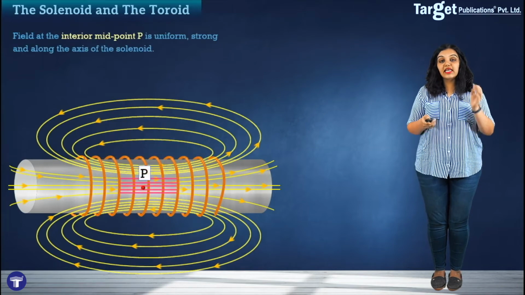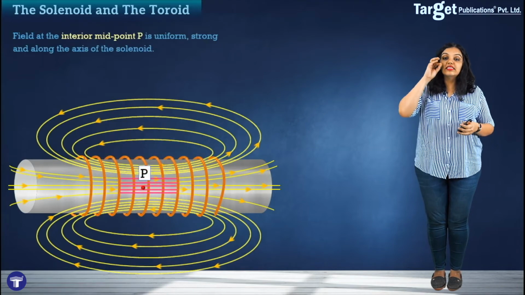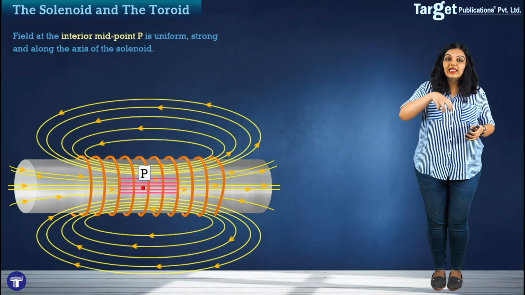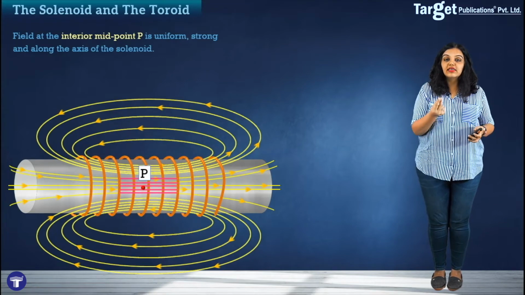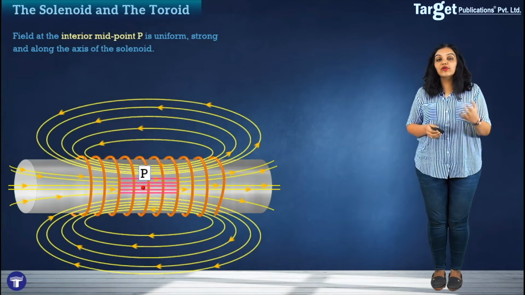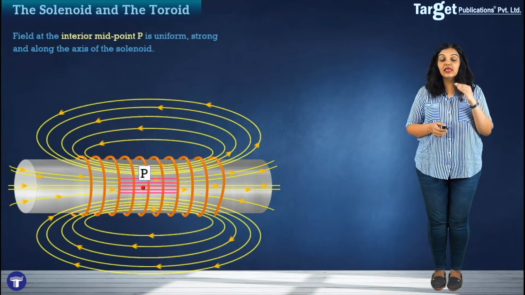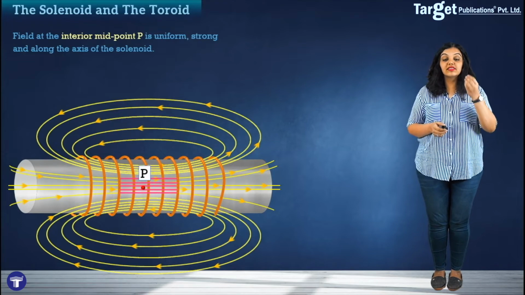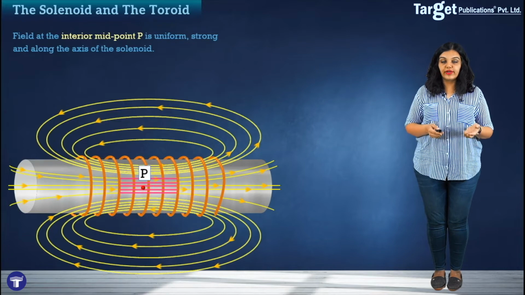The next thing is that if you take a look at the field at the interior midpoint that is really well inside the solenoid, and you look at an interior point P, you'll see that the field is uniform, strong, and along the axis of the solenoid. So how do we know it's uniform? Because the lines are equally spaced. It is strong and it is along the axis of the solenoid.